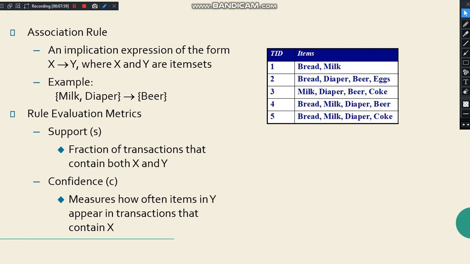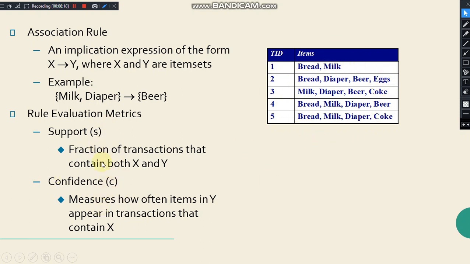For example, when a customer has bought milk and diaper, how much confidence do you have that he had also bought beer together? That is what we have to find out from the transaction table.